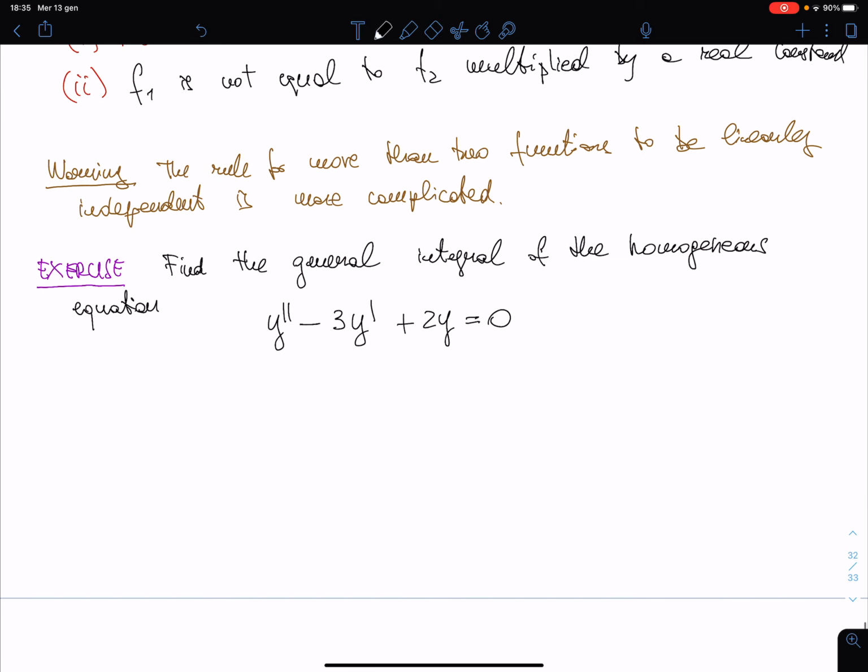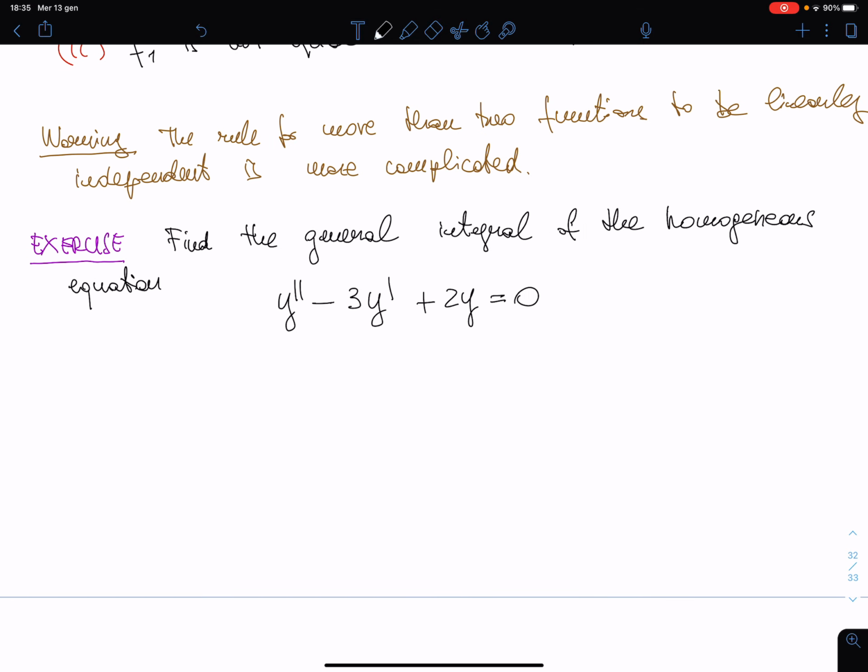Now we have to find, one aims at finding, two linearly independent solutions.